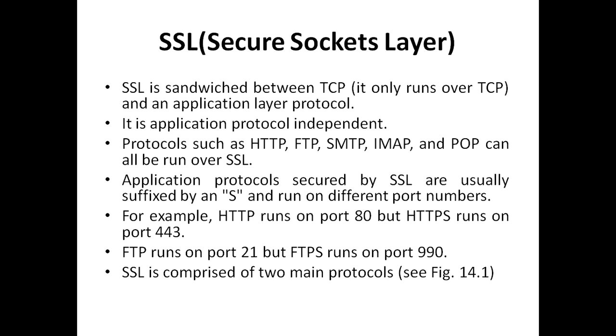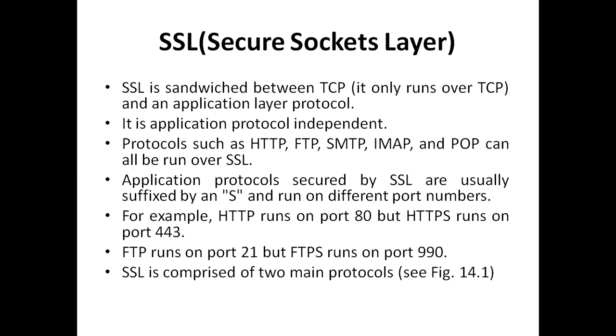The protocols used in the application layer are HTTP, that is hypertext transfer protocol, FTP, file transfer protocol, SMTP, simple mail transfer protocol, IMAP, and POP, that is post office protocol.